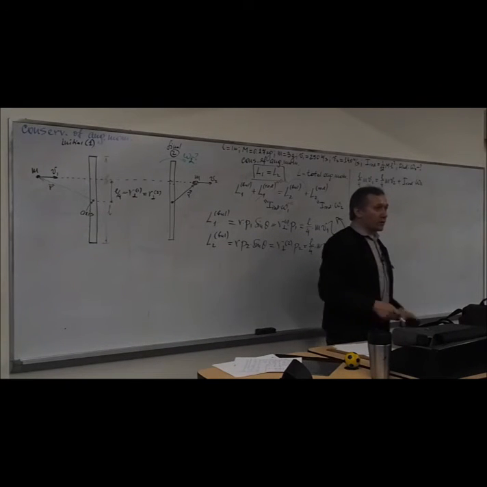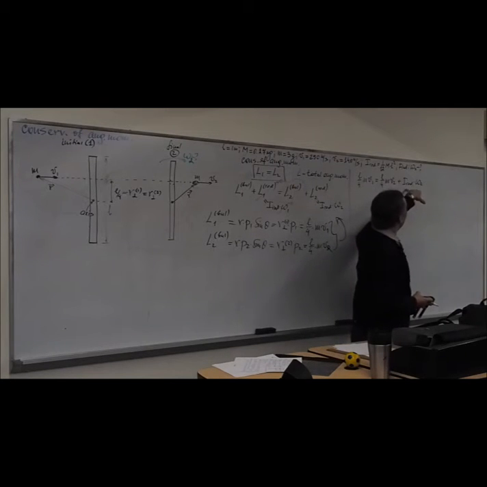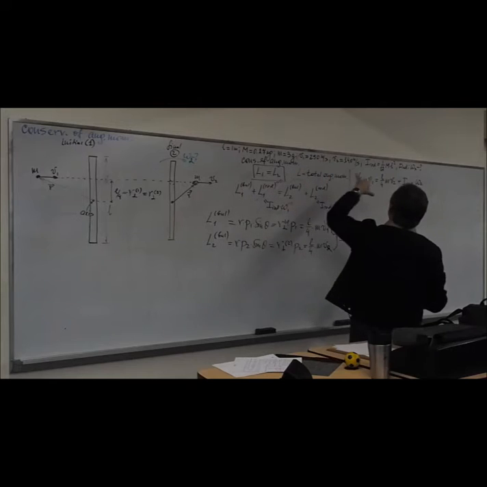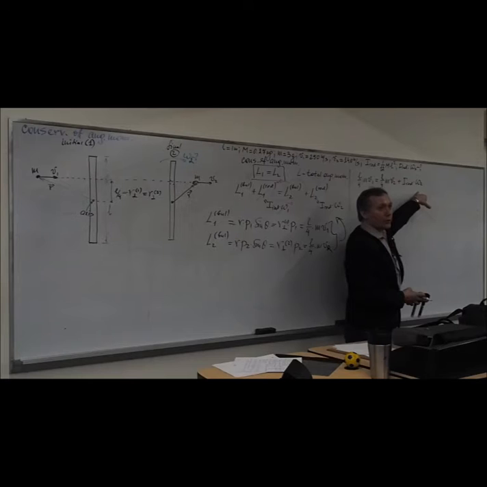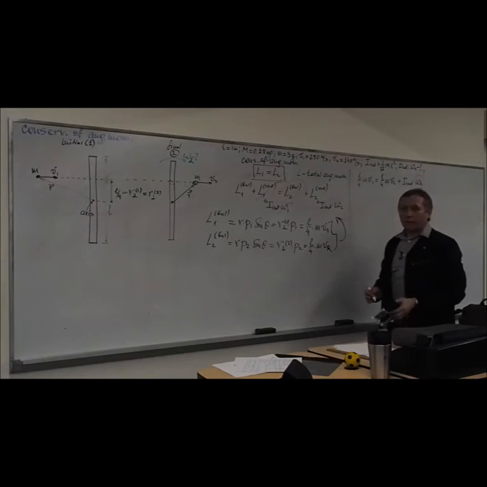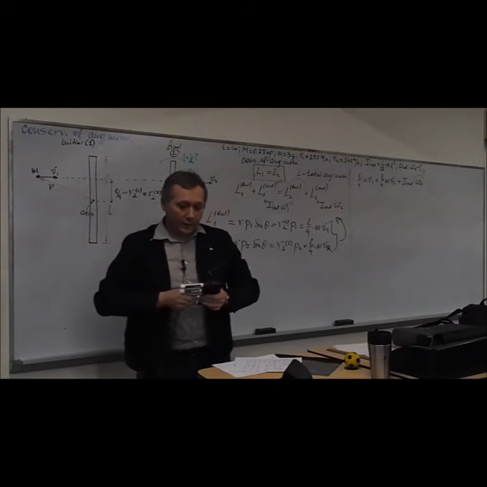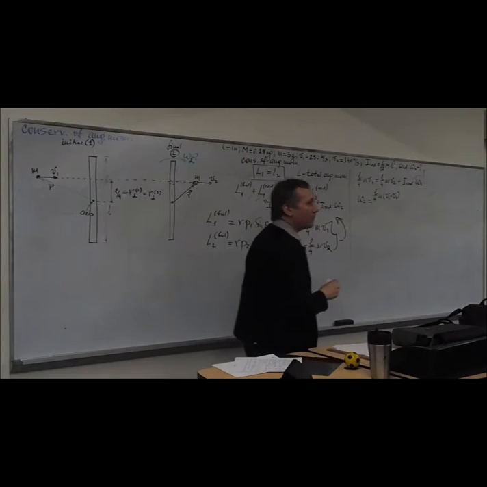Only one unknown is here, right? Omega 2, that's it. Mass is given, length is given. Everything is given except for omega 2. So that's the only quantity which is unknown, and that's what we need to find. So omega 2 would be equal to this: this term goes to this side with minus, and I will factor out L over 4 and mass, so it will be V1 minus V2.